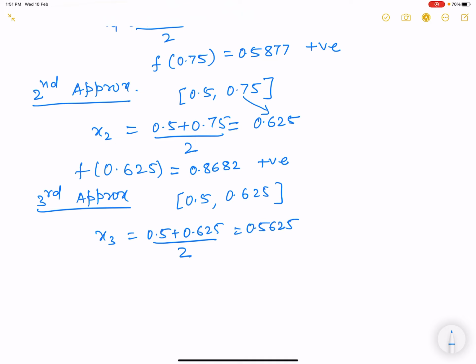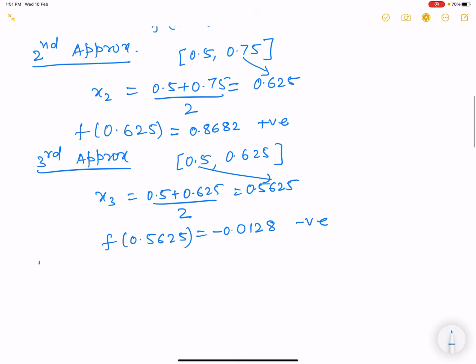Again check the value of the function at this point, and we'll find that the value is coming out to be negative. Since it is negative, we are going to change the negative end. Now the root lies between 0.5625 and 0.625.